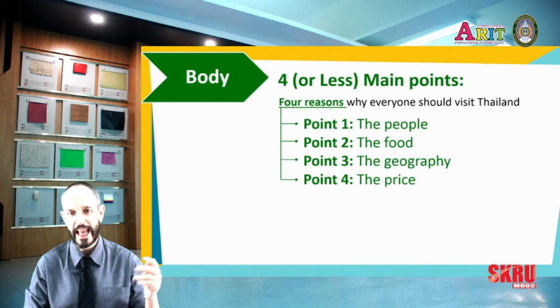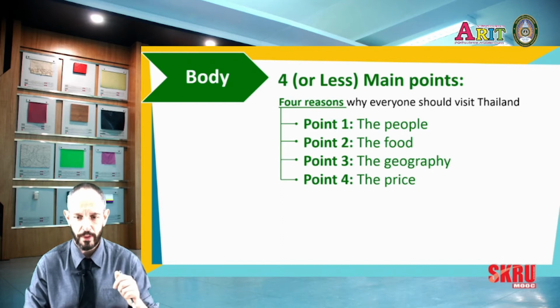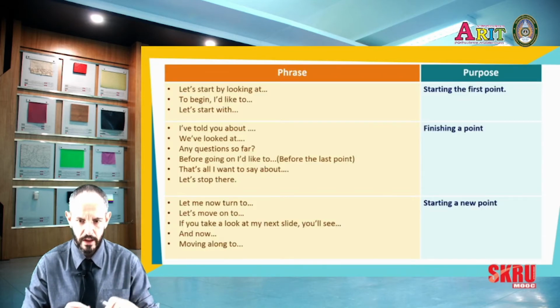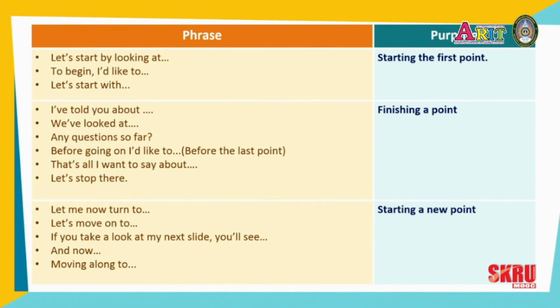Now let's look at transitioning into and out of each point. So here we have our phrases on the left and what they do or when to use them. And these are transitional phrases to go into and out of each point.